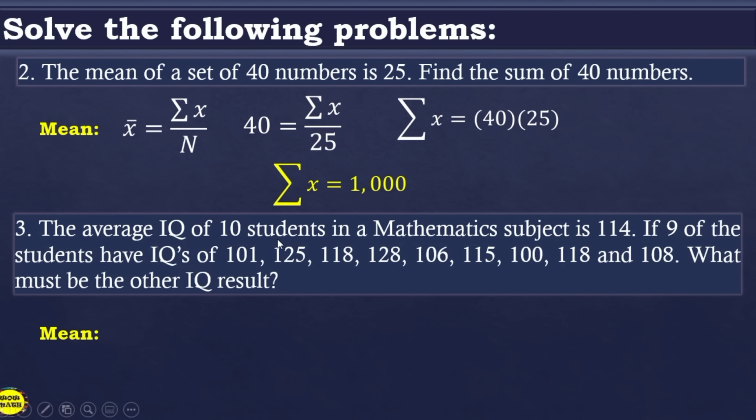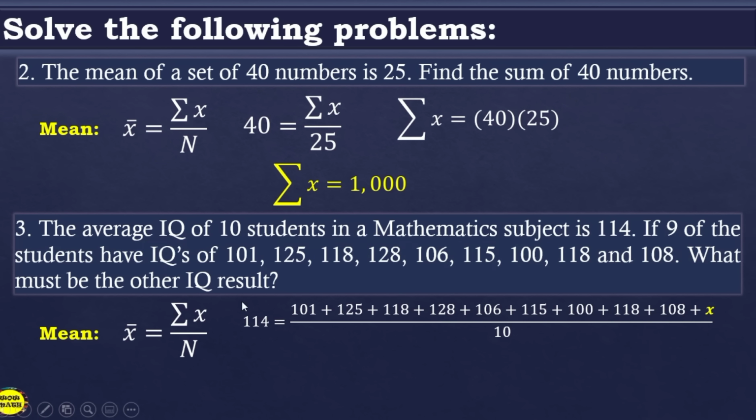So dito, binigay yung 9 IQ, okay? IQ scores ng estudyante. Now, may hinahanap na isa. So, kasi 10 students to, no, in mathematics subject. So, binigay yung average niya nung 10 students in mathematics, that is 114. And then, ang binigay lang dito 9. So, ano yung isa? Okay? So, yun ang hahanapin natin.